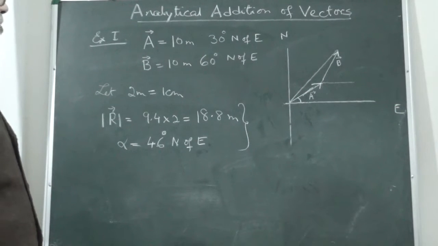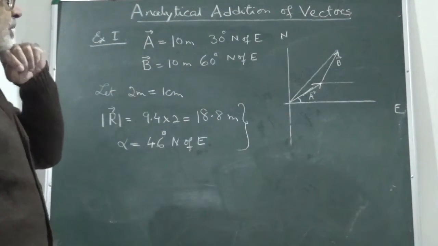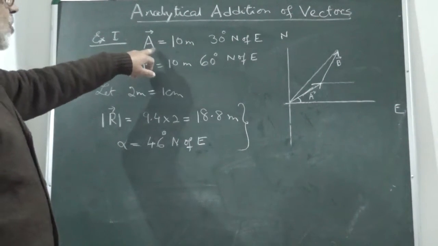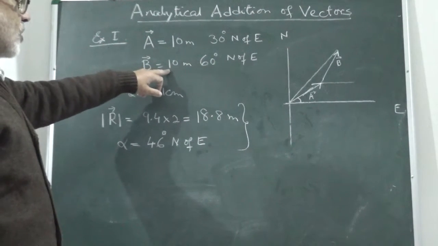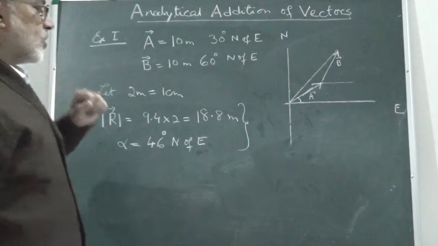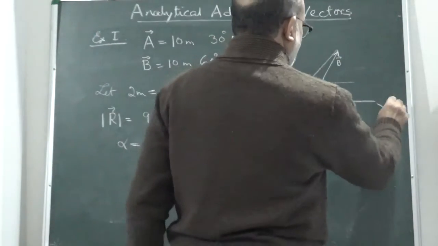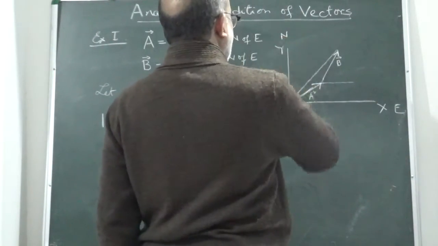Now we will solve it analytically. Analytically means we have to resolve this vector along its x and y components, and this also along x and y components. So suppose this is our x-axis and this our y-axis.